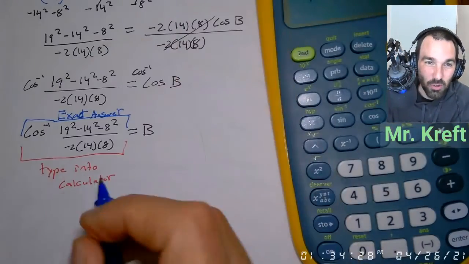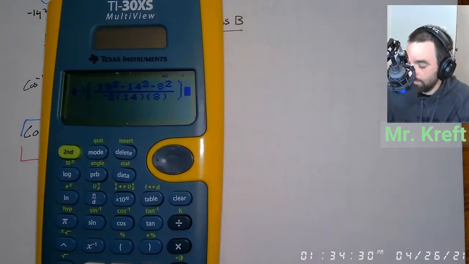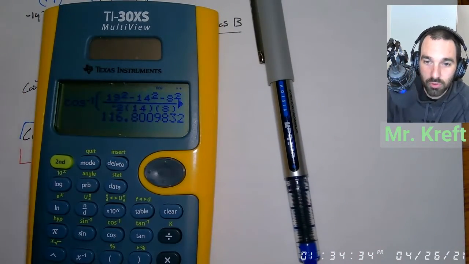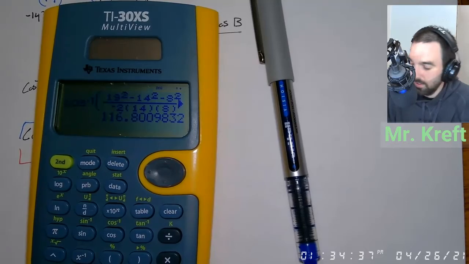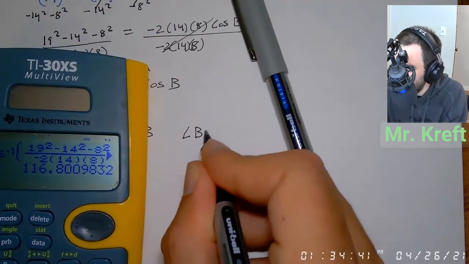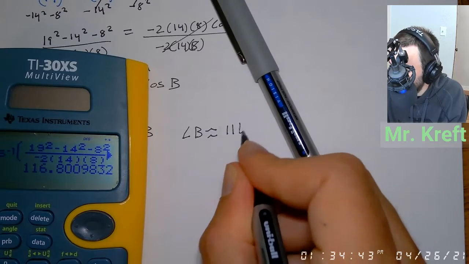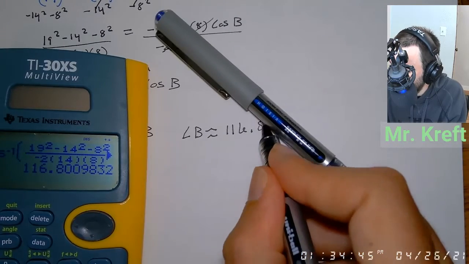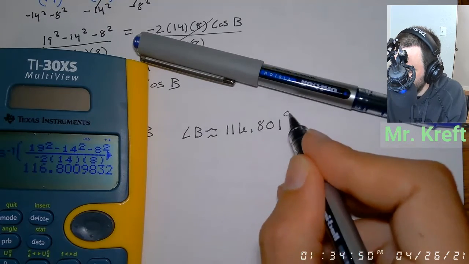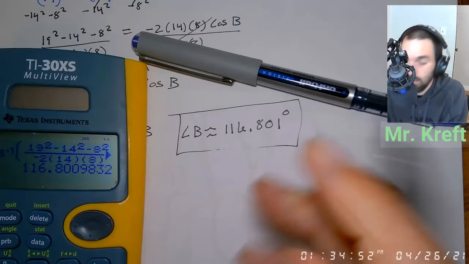Okay, here we go. So what did I get? Did I hit enter? So angle B. Do you guys see how this is an obtuse angle? Angle B is approximately 116.801 degrees.